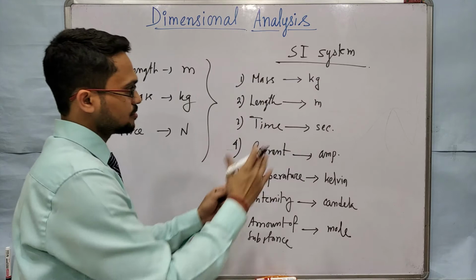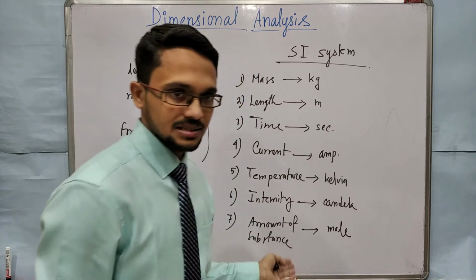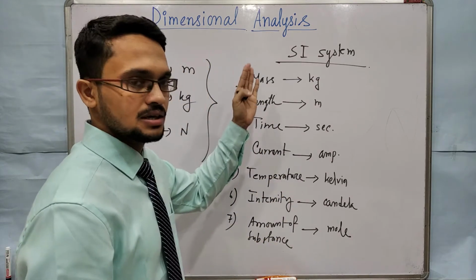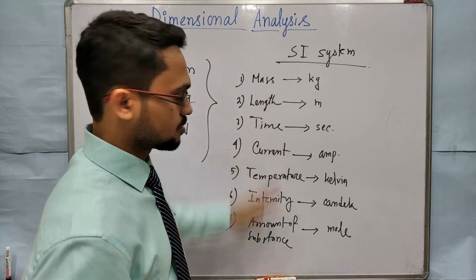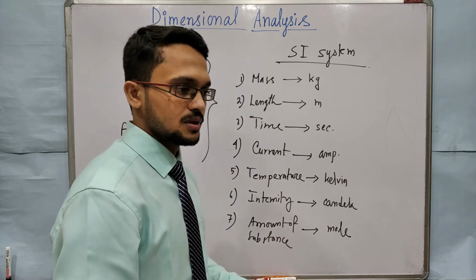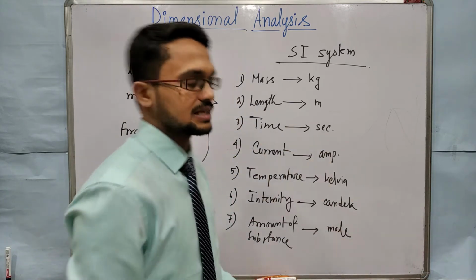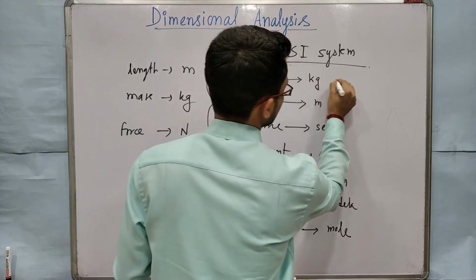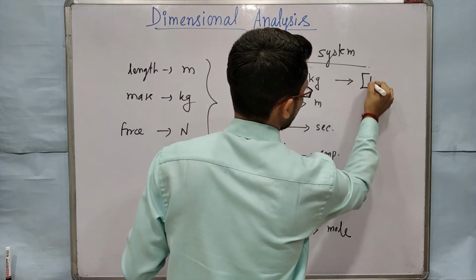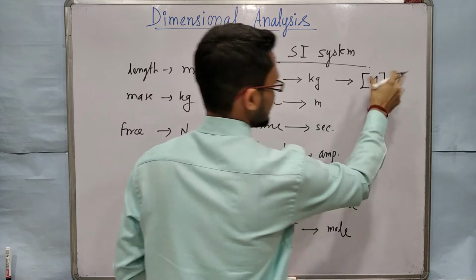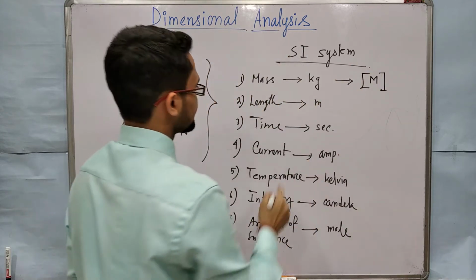Now we will read their dimensions, and we will use the dimensions of these basic quantities for the dimensions of the derived physical quantities. The dimension of mass is capital M, and dimension is always written inside square brackets.